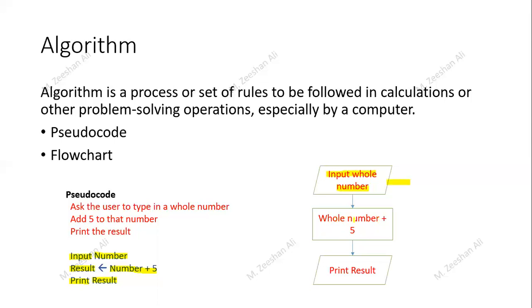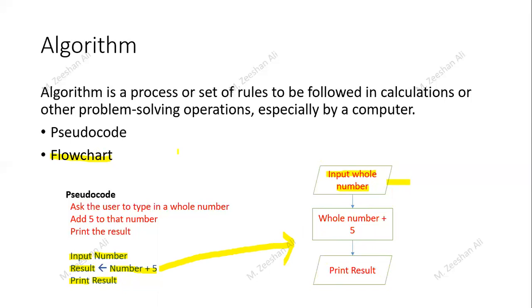It is adding the whole number and the 5 together, and then it is showing you the result here. So when we show these same steps in the form of different shapes, that is called a flowchart. I hope that you have understood what a pseudocode is and what a flowchart is.